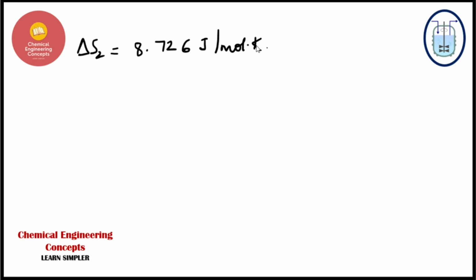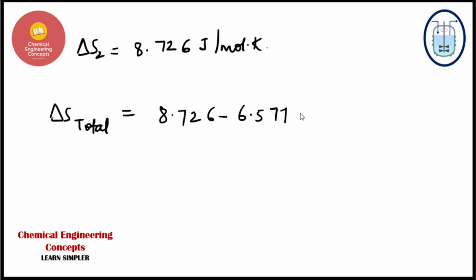Now let's calculate the total entropy change, which is part B. For part B, the answer will be simply 8.726 minus 6.577, and the answer will come up to be 2.15. So this is the total entropy change.